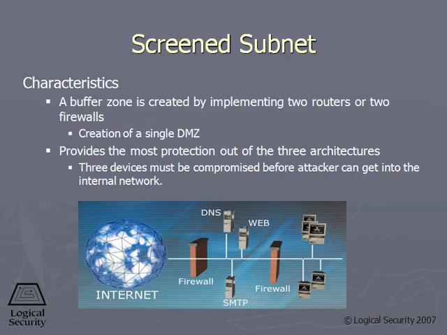Now, a screened subnet is actually creating basically a physical DMZ. You have a firewall, and then your servers, and then a firewall, and then your internal network. So this is one of the most common architectures that's used in the industry, where you'll have a firewall.